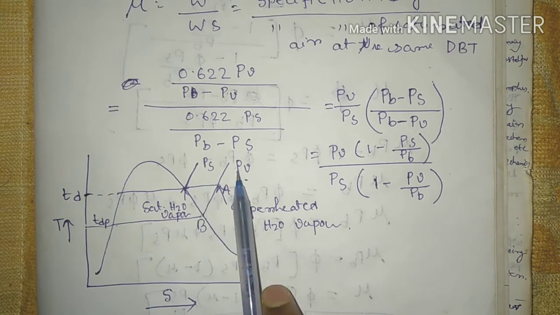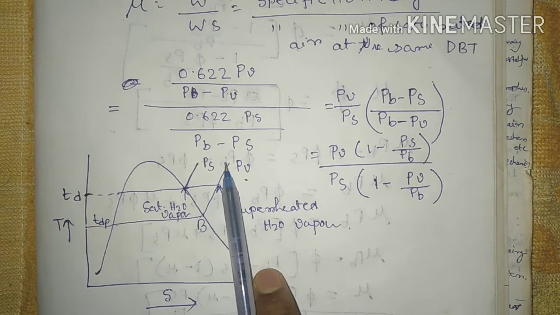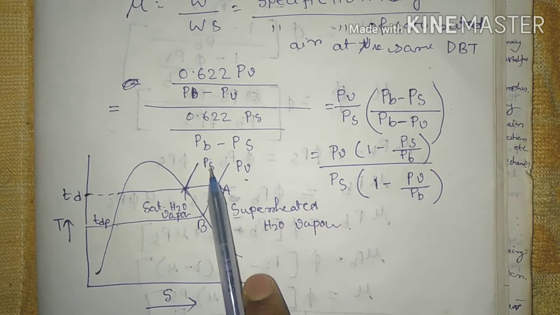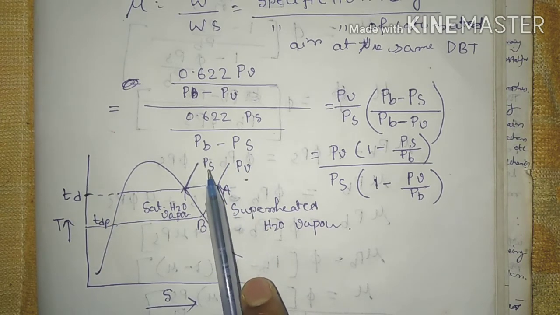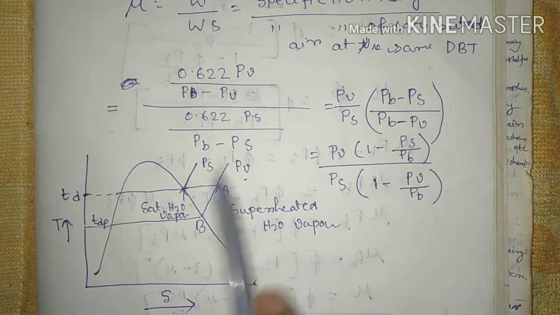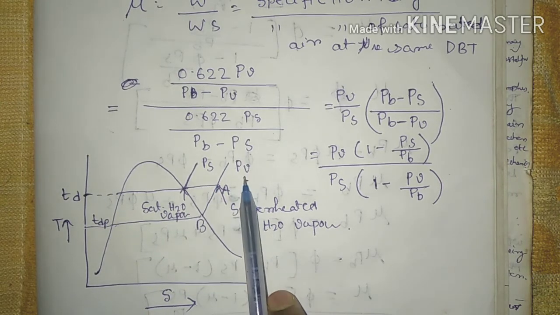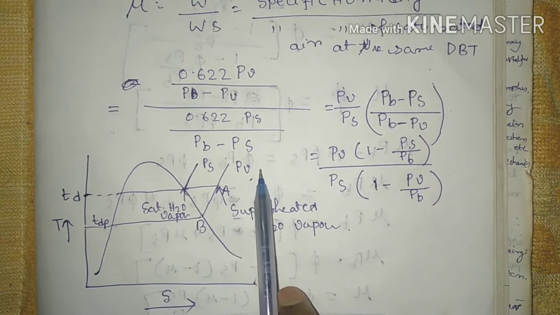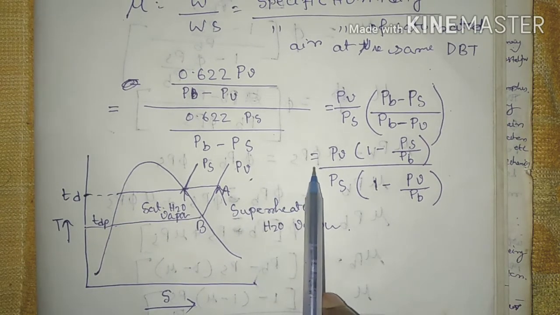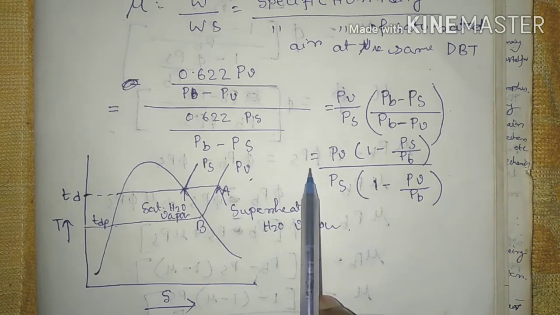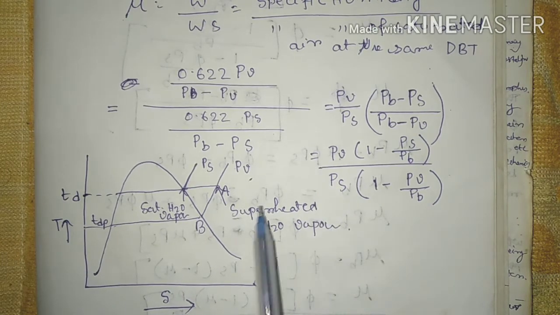At that time, W will be Ws, the maximum specific humidity, which can be defined as 0.622 into PS.